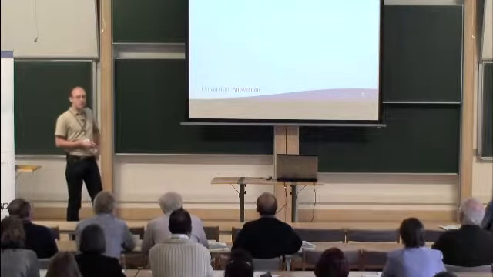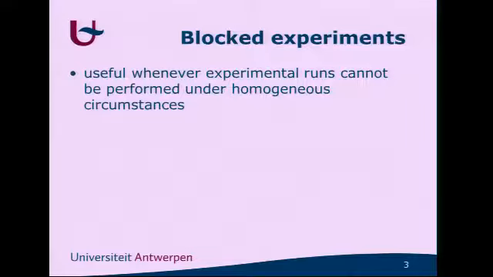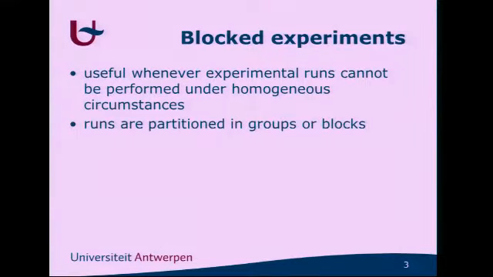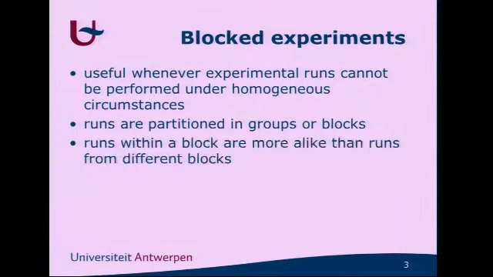First of all, blocked experiments. I think most of you know that we need blocked experiments whenever all the experimental runs cannot be conducted under the same, homogeneous circumstances. If that's the case, we try to group the runs so that the runs within a group are more alike than runs from different groups, and we typically call these groups blocks.